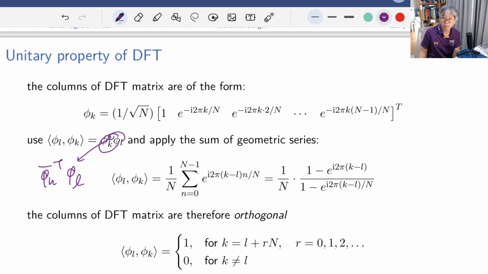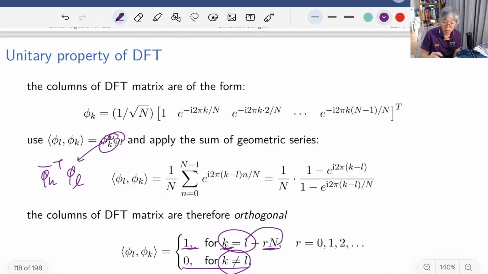We're going to show that it is 0 or 1. It is 0 when K is not equal to L, and it is 1 when K is equal to L.